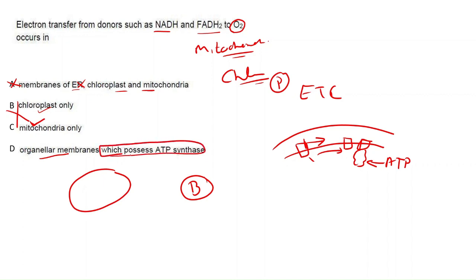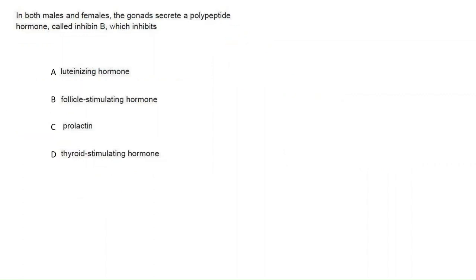This option D denotes mitochondria and chloroplast, because mitochondria and chloroplast are organelles inside the cytoplasm, and they also have a membrane, and the electron transfer occurs in the membrane of mitochondria and chloroplast. So option D is the correct statement. Read the questions very carefully while you are solving.